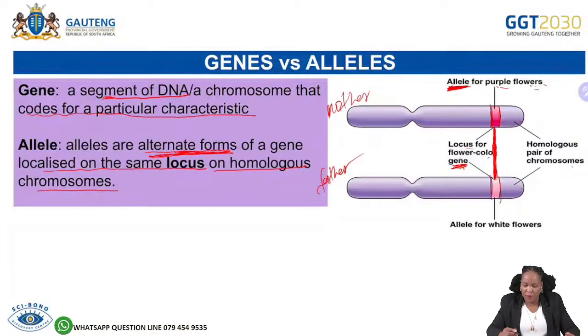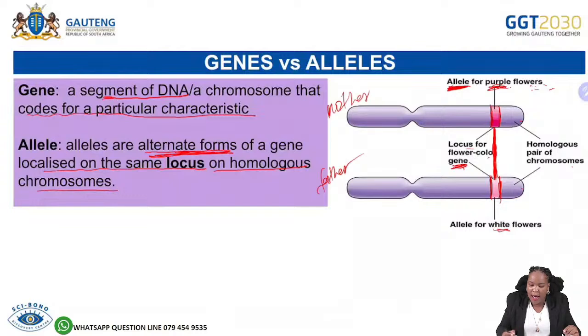What do we mean by that? We mean on the gene of the mother, there is an allele for purple flowers. So the mother has her own characteristics. So the characteristic is found on the allele. Then the father also has his own allele for flower color, which is white.